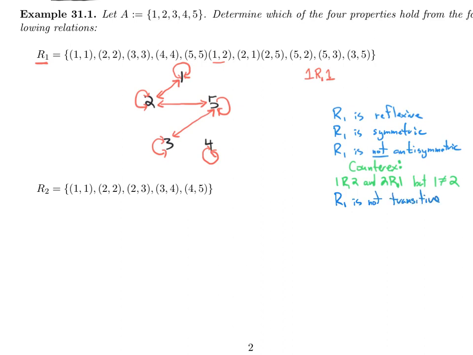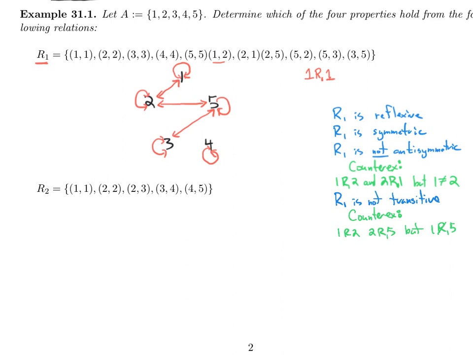Remember, we just needed to find one situation where it's not transitive, and we just did. So our counterexample here is 1 is related to 2, 2 is related to 5, but 1 is not related to 5.